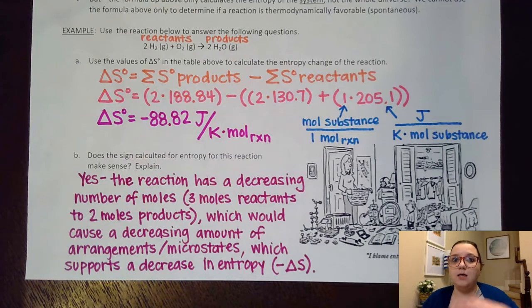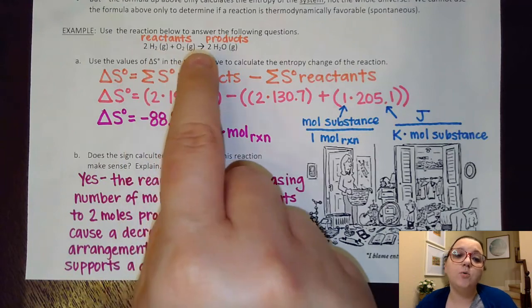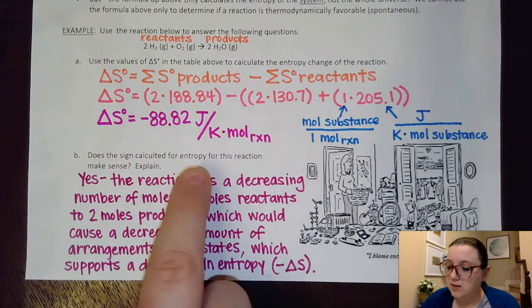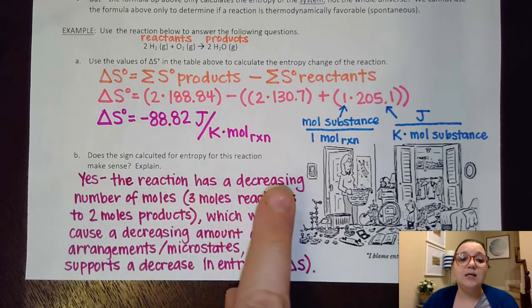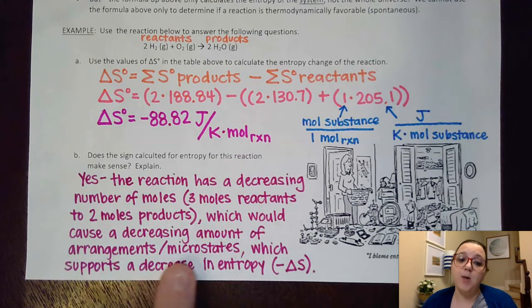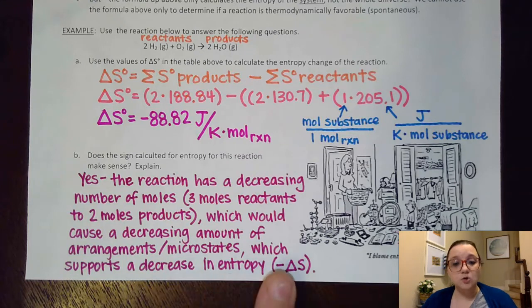Now, if I saw a gas on one side and not on the other, then that would be a really key factor in determining entropy change. But here it's the same all the way through. So I need to utilize the coefficients. I notice here I have 3 molecules of reactants, but only 2 molecules of products. So the entropy makes sense because the reaction has a decreasing number of moles, which would cause a decreasing amount of arrangements or microstates, which would support a decrease in entropy.